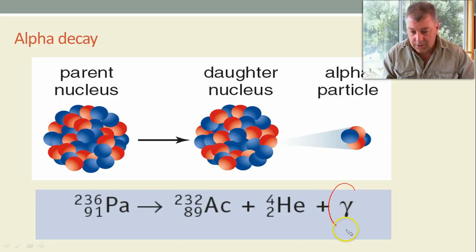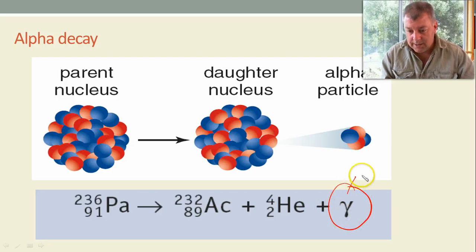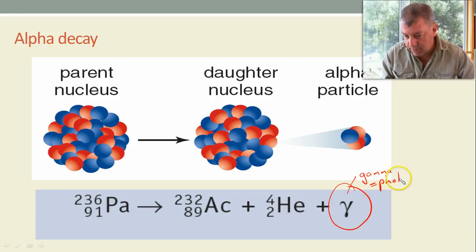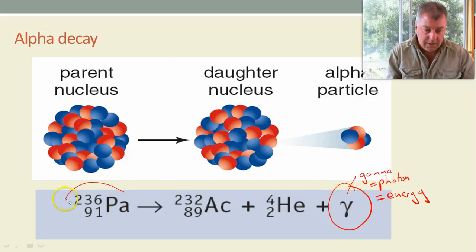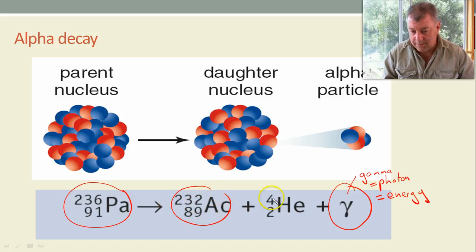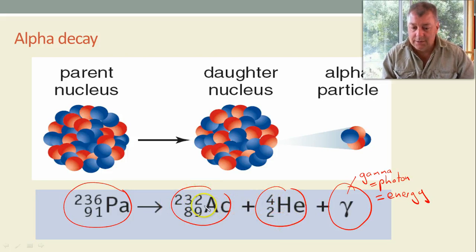Notice that on this one they've got this guy, and that's a gamma particle. And gamma particle is basically what we call a photon, and that is equal to energy. And so what this is saying is that when this decay occurs, this one decays to this plus this, there's still a little bit of energy left over in the daughter nucleus, and that daughter nucleus gets rid of that energy very quickly in the form of a photon.